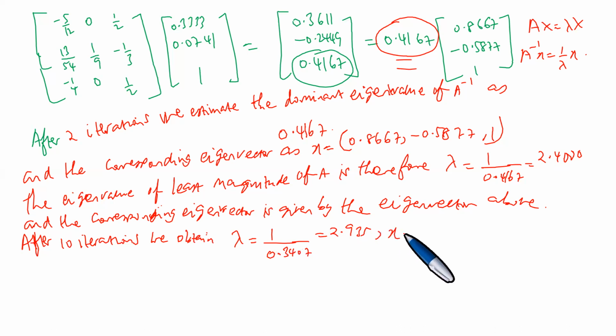But most importantly, the eigenvector associated with it, which we're going to get when we factor out this number, is going to look like the green one, right?